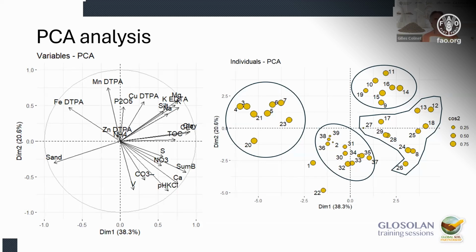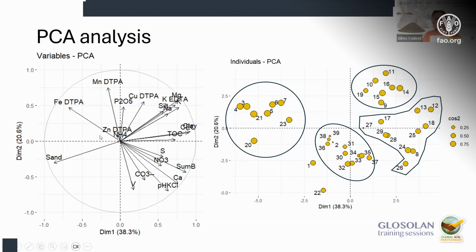The statistical tools do that for every parameter, and it builds a new variable based on that. The first dimension will be a kind of new variable, which is correlated to the other ones with a certain level, and the more it is correlated, the longer the arrow is.